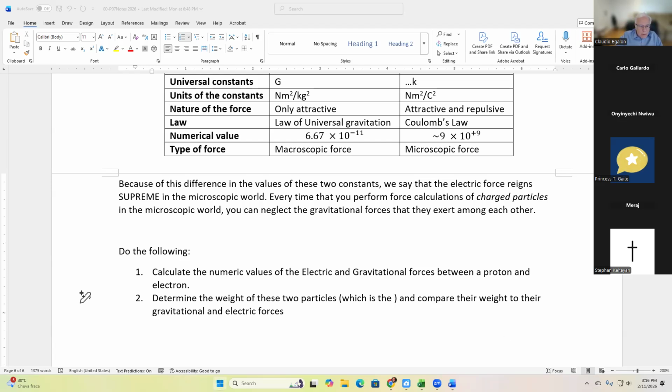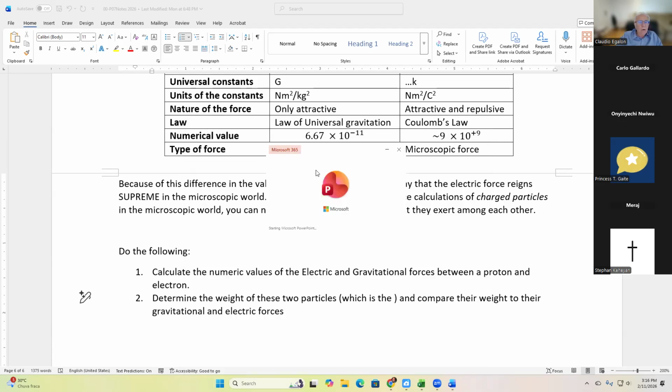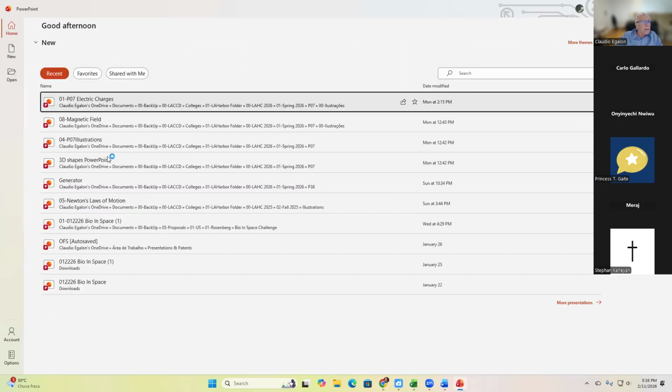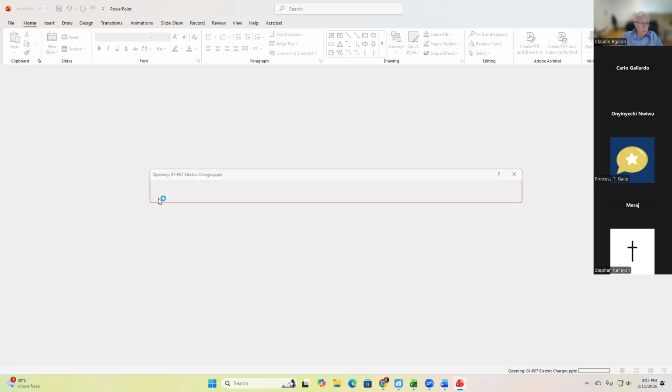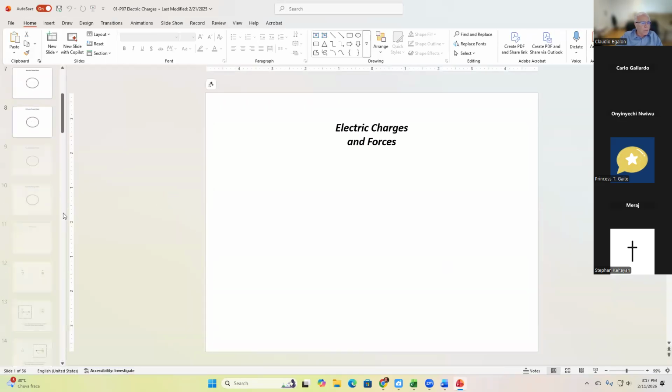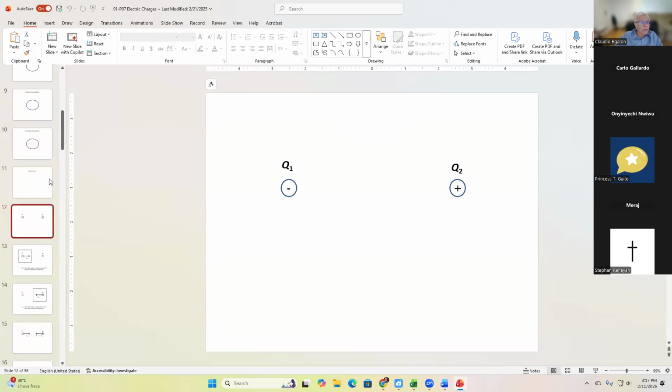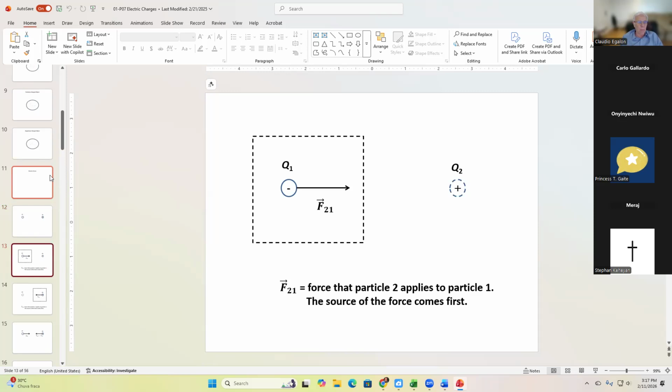So here you go. I had this illustration before. You have a positive charge and a negative charge. Yes, they do cancel. The net charge of this system is zero. But it doesn't mean that the net force is zero. There will be a force applied to each charge.